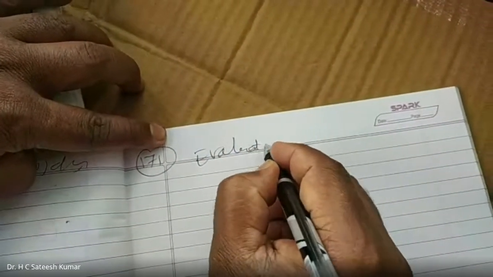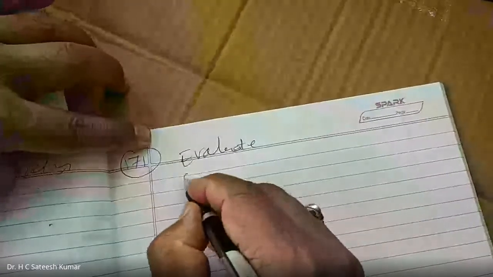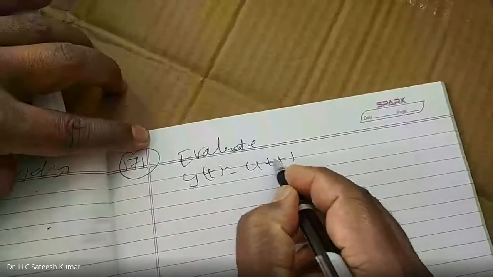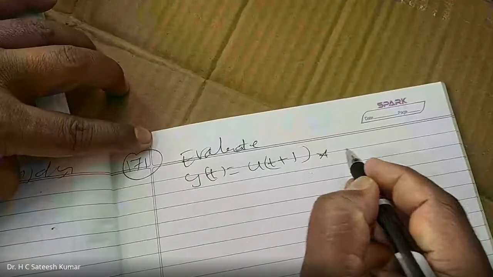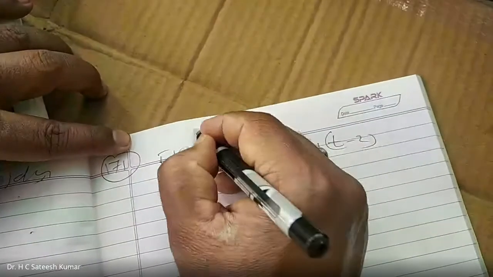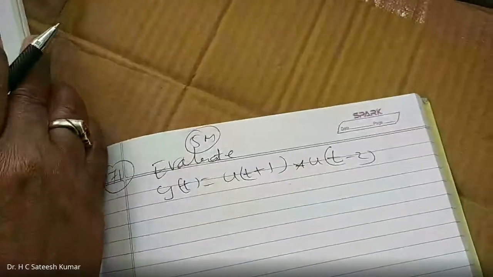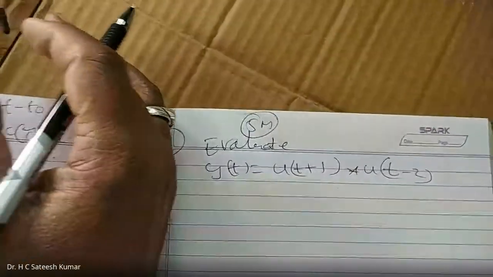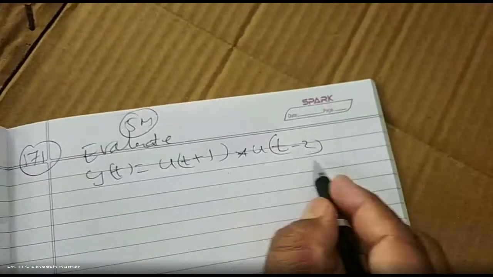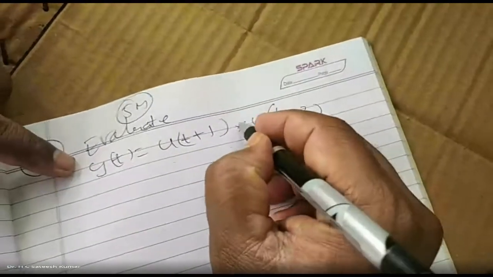Evaluate y of t is equal to u of t plus 1 convolution with u of t minus 2. It is a 5 marks question. So evaluate, you won't say it is output to input to h of t, etc. Two signals are there, do convolution, that's all.